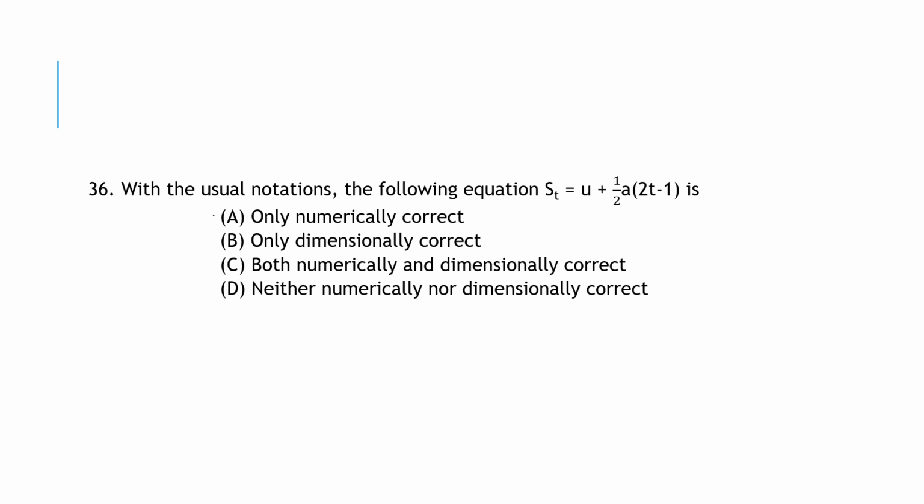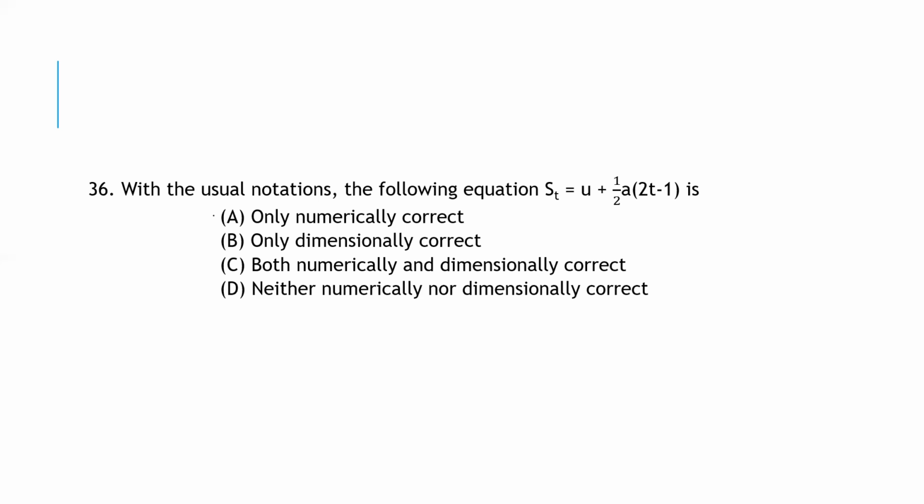Okay, so usual notations in the sense S is distance, U is initial velocity, A is acceleration, T is time. Here the options they have given: only numerically correct, only dimensionally correct.